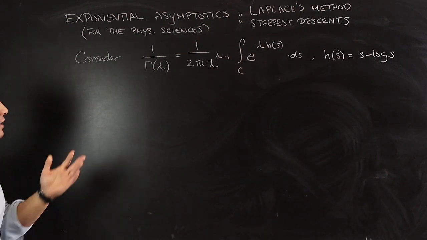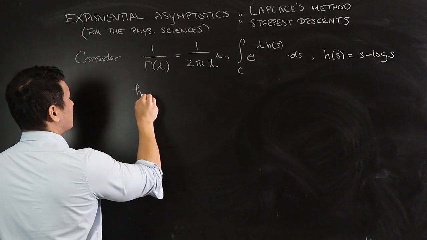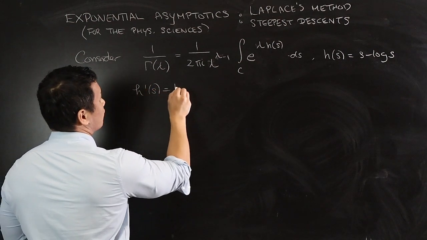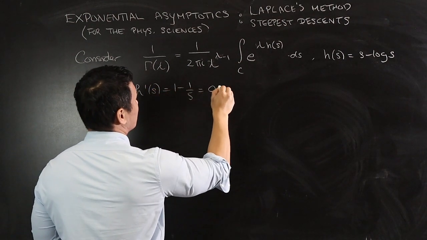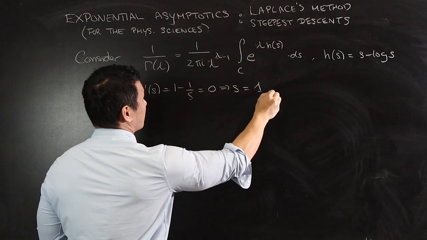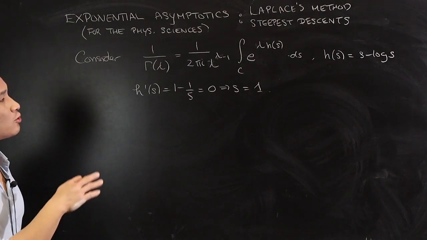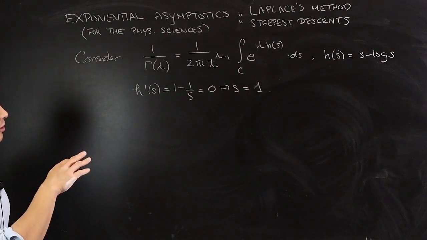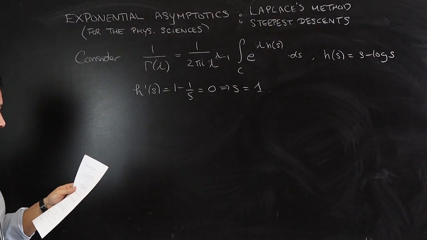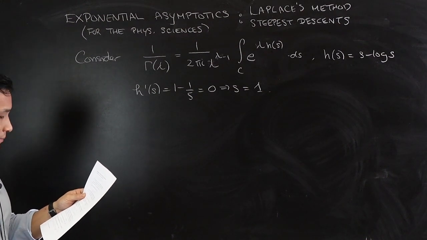Okay, so for this function, h of s, h prime of s is just 1 minus 1 over s is equal to 0, so that tells me my saddle point's at 1, okay, which I kind of knew already. Now let me rewrite this integral.